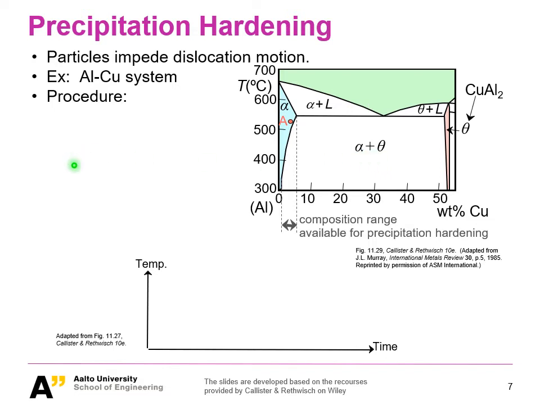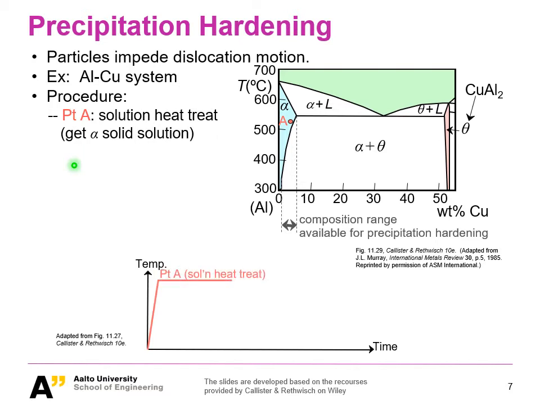And how this precipitation hardening procedure is applied, as I just described, contains two steps. The first step is to heat up your material to an alpha solid solution. Imagine we have such a chemical composition right here, and we will first heat it up to alpha, so you have completely alpha instead of alpha plus theta.